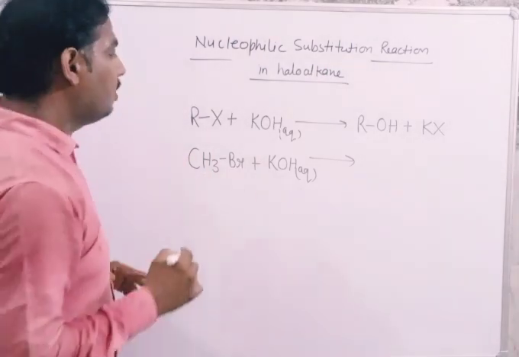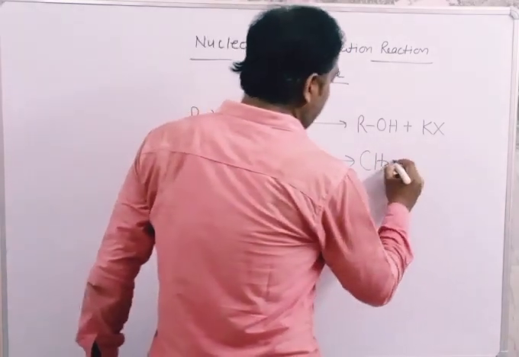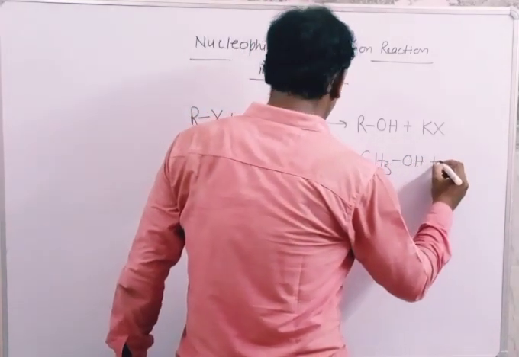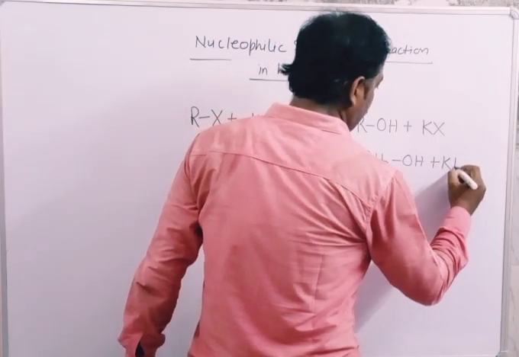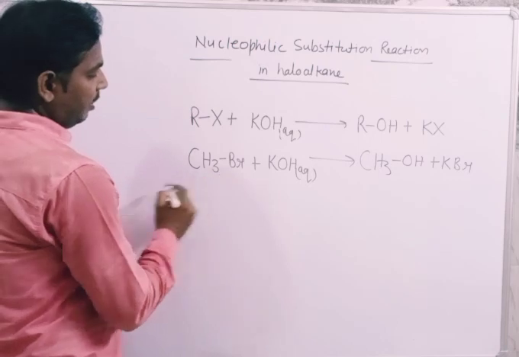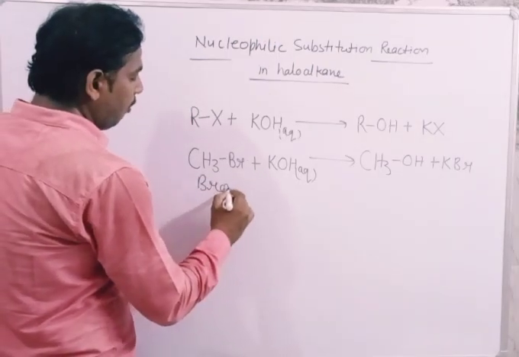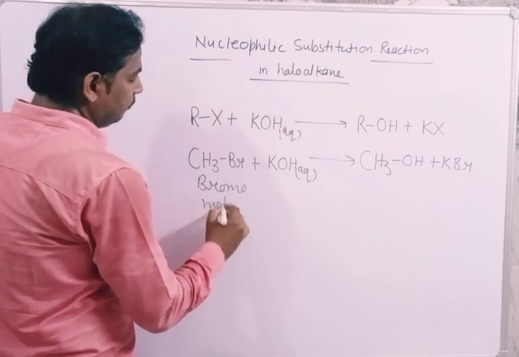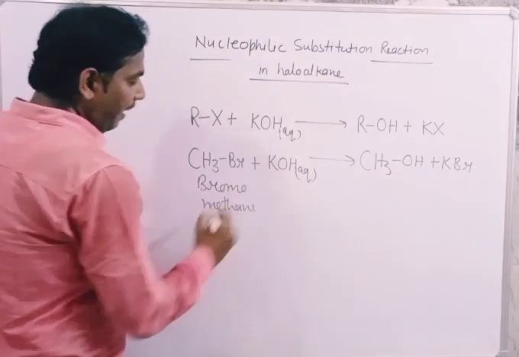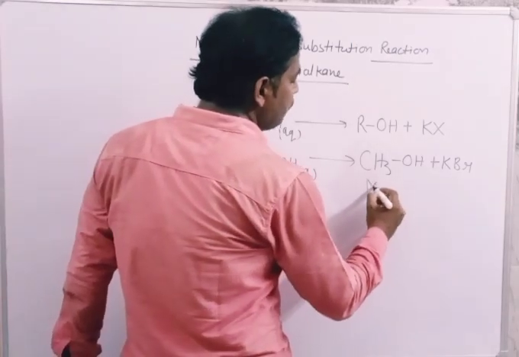Be careful about this. So CH3OH plus KBr. This is the displacement: when methyl bromide or bromomethane reacts with potassium hydroxide, it forms methanol.